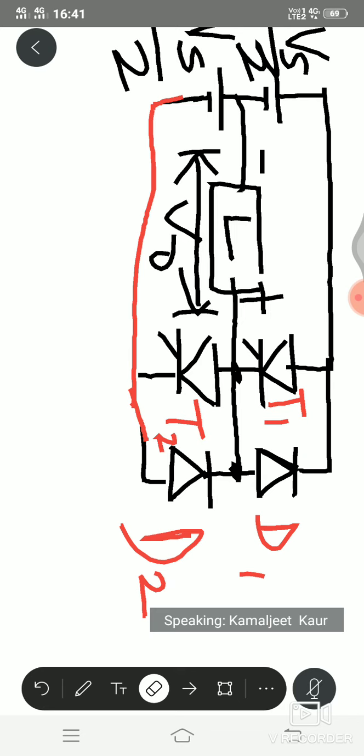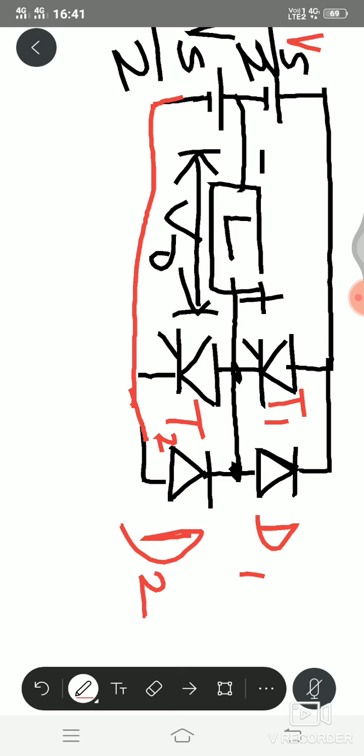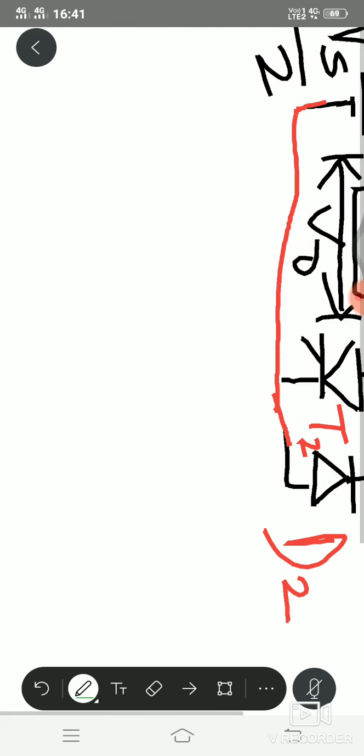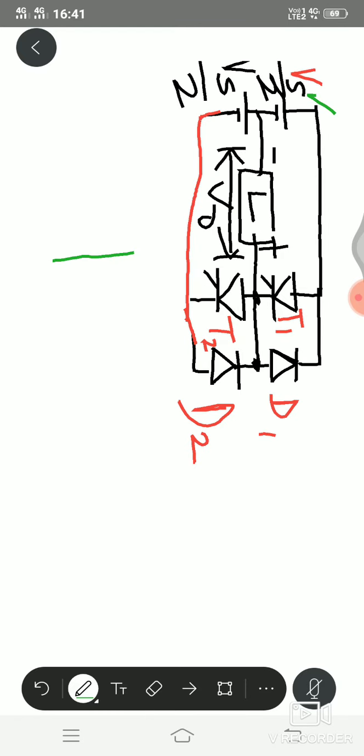As you can see over here, Vs by 2 and Vs by 2. Two supplies we have chosen, Vs by 2 and Vs by 2. Okay, and we have got two thyristors connected in this case, T1 and T2.